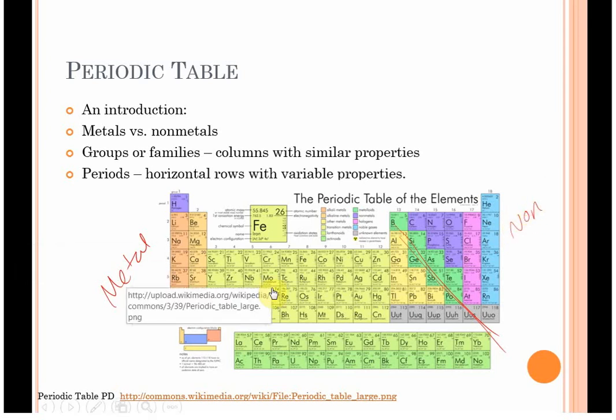They are malleable. They are ductile, meaning you can pull them into wires or you could hammer them into a sheet. They conduct electricity. Nonmetals tend to be brittle. They are not shiny. They're more dull. They do not conduct electricity.